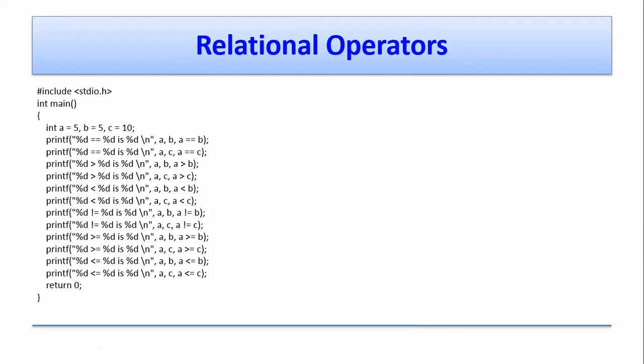Equal is not, no need to consider because those are not equal. So A less than B or less than or equal B. A less than B is false. A less than or equal, but equal is there, no? At least one is there, then they output, right? That is true.